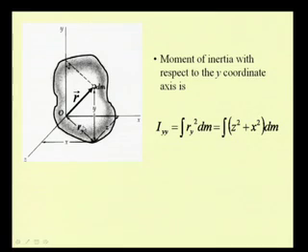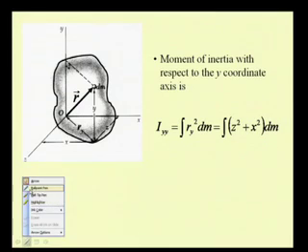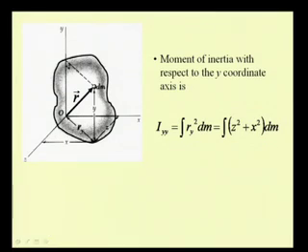But from the geometry we see that r y is nothing but z square plus x square. So, this comes from this right angle triangle, because this angle is 90 degrees.